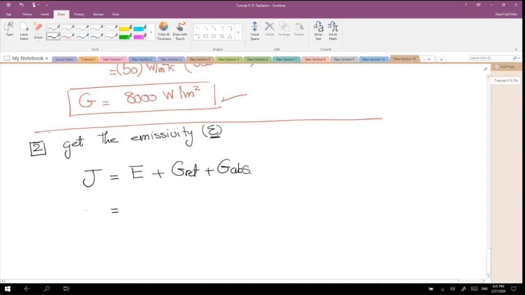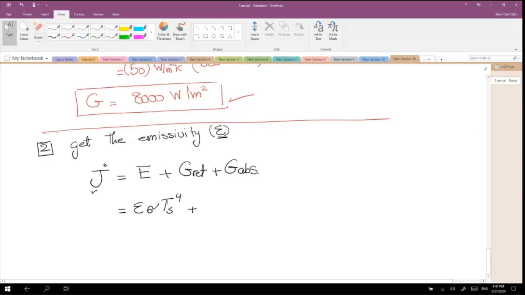So E, we have this one: epsilon sigma T surface to the power 4, plus G rho, plus G tau.